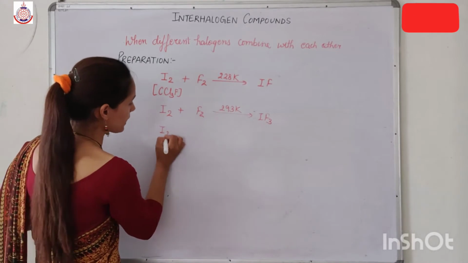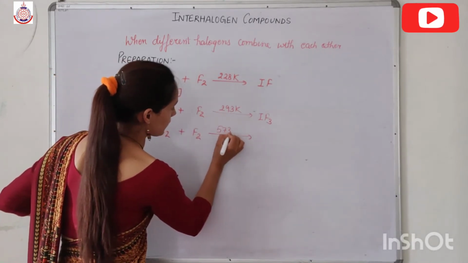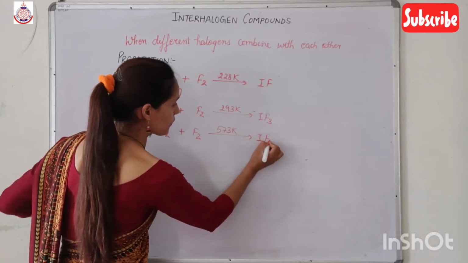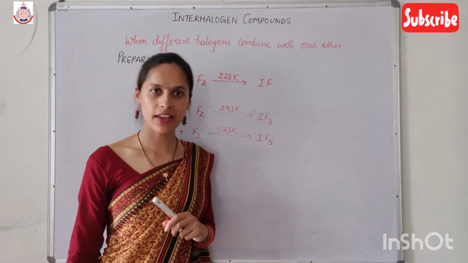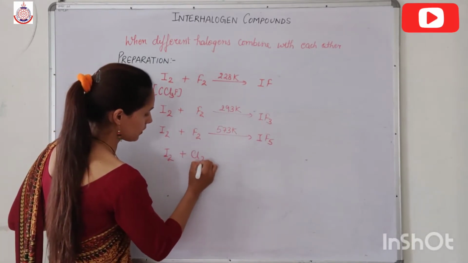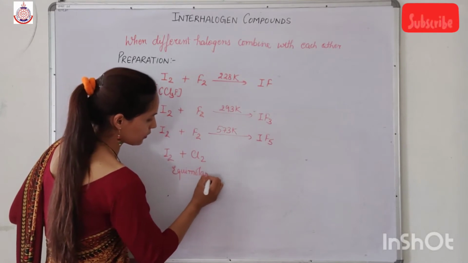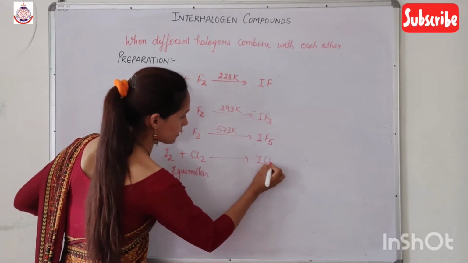And if I react iodine with fluorine at 573 Kelvin, then I get IF5. And if I take equimolar iodine and chlorine, then I get ICl.